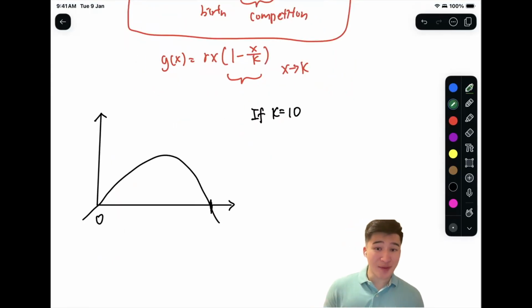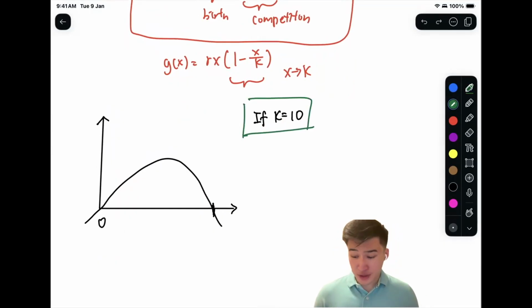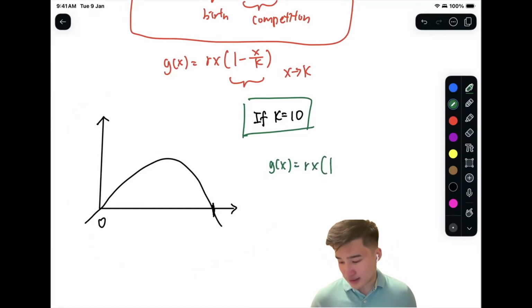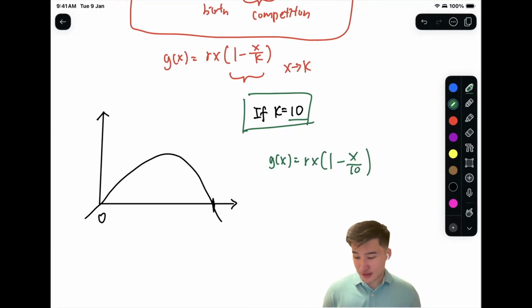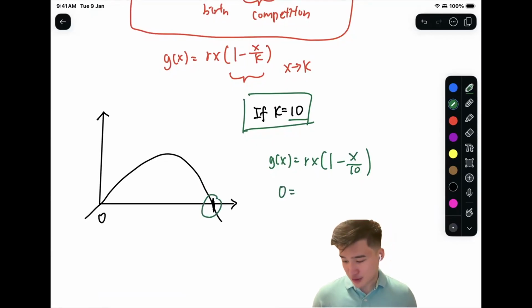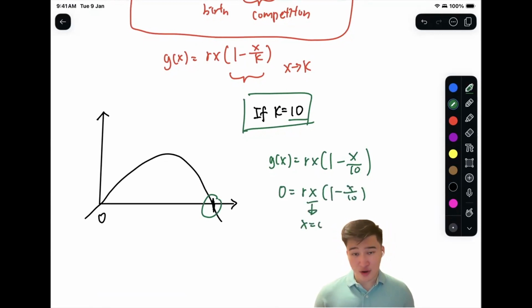Let's look at what happens if our K is 10. Let's say our maximum capacity is 10. So we know that g(x) is going to be equal to r x times 1 minus x over 10. In order to find this number here, all we have to do is make g(x) equal to 0. We have 0 equals r x times 1 minus x over 10. This one represents x equal to 0, and we already have this here, so we don't have to worry about it.